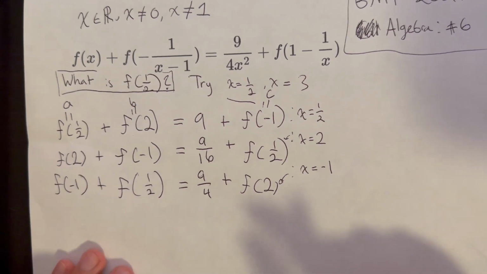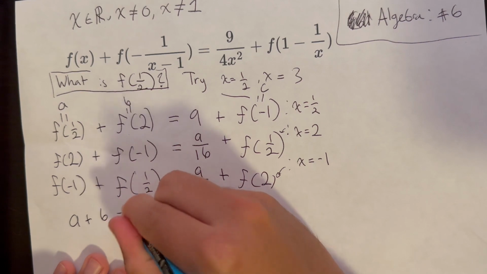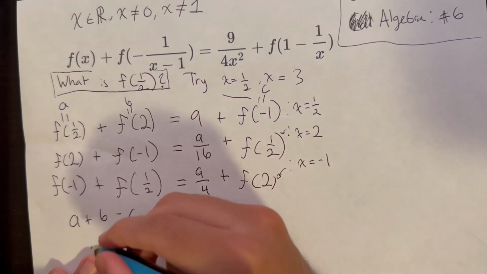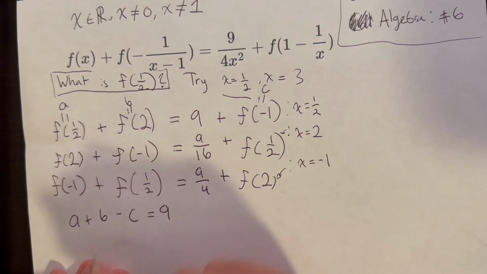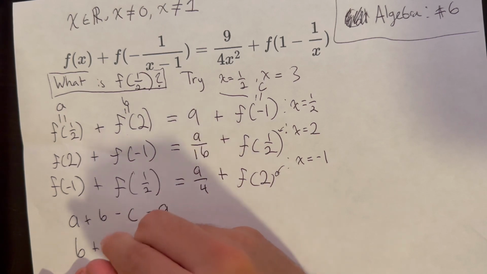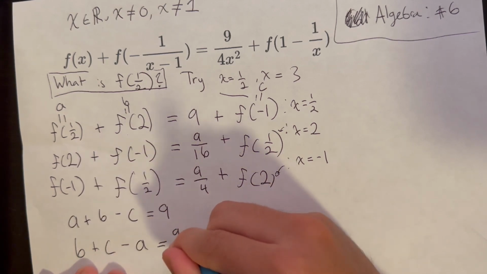And basically we've turned this problem into solving some kind of system of equations. So let's write them out. We get A plus B minus C equals 9. We get B plus C minus A equals 9 over 16.